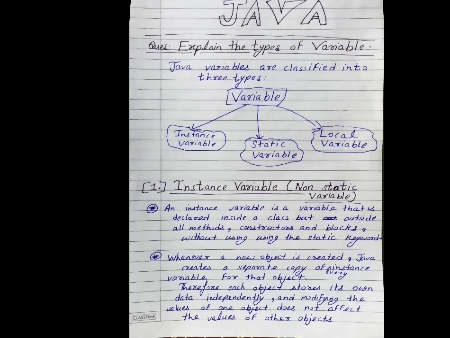Apart from that, instance variables are commonly used to represent the properties and state of an object. For example, just assume in a student class, variable names such as name, roll number, and age are instance variables because every student has different information.